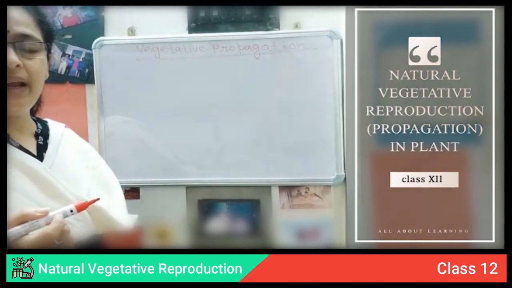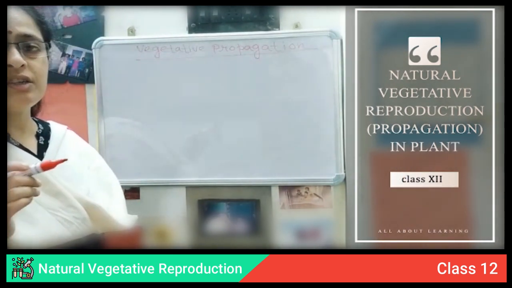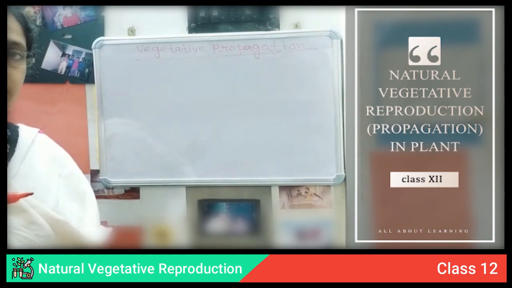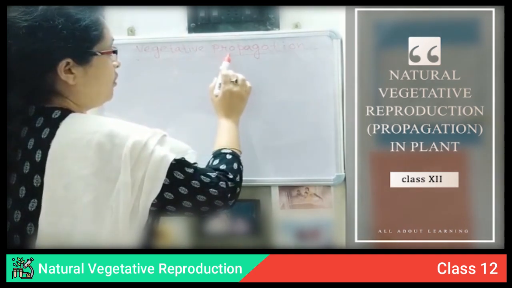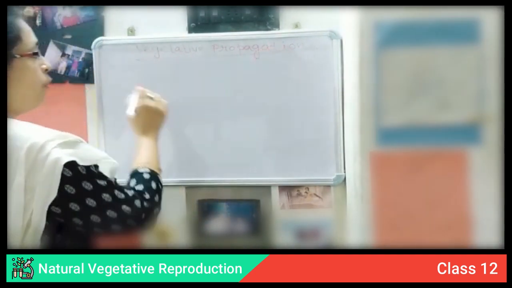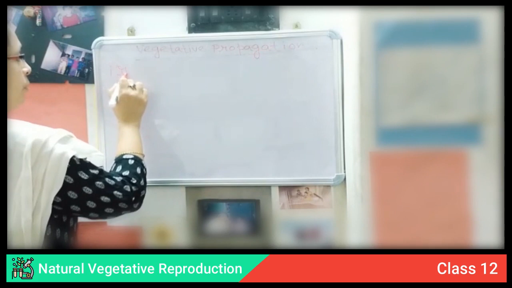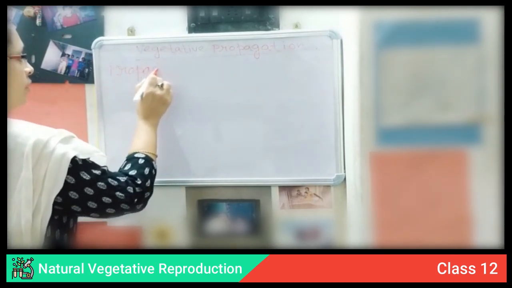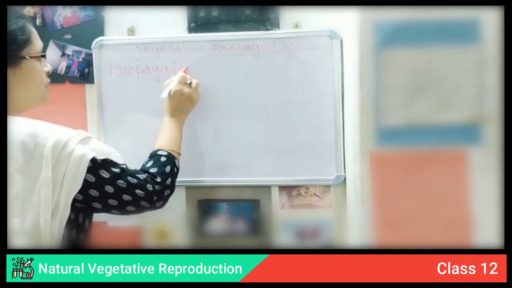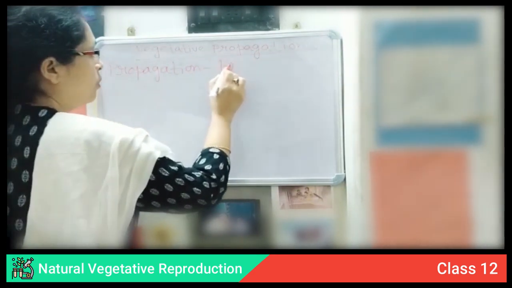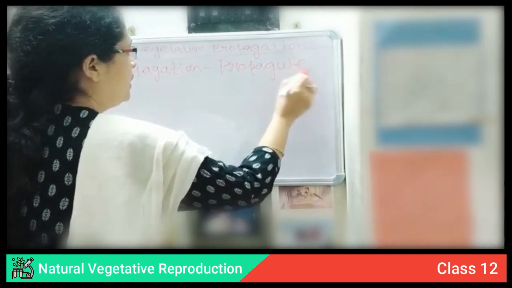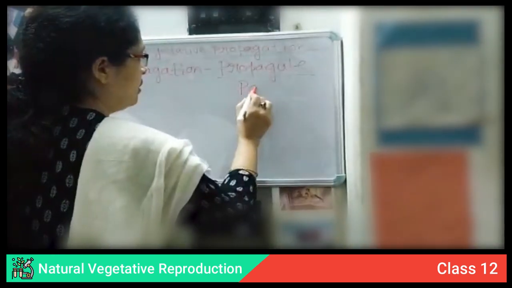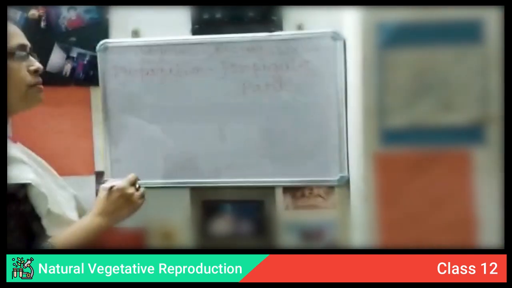I have explained about asexual reproduction in living organisms. Today I am explaining vegetative propagation. Now propagation, the word comes from propagule, means part, and vegetative means plant.